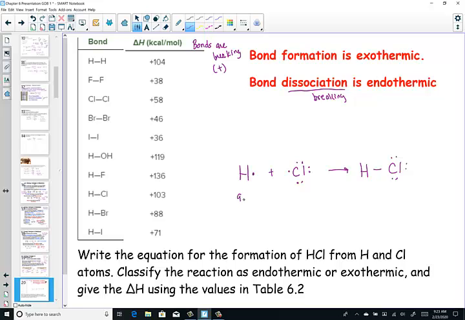This is a hydrogen atom. This is a chlorine atom, and this is a hydrogen chloride molecule. That's all it's really telling us. Now, did we form a bond or break a bond? Well, clearly we see a formation of a bond. So delta H is going to be negative because we made a bond.